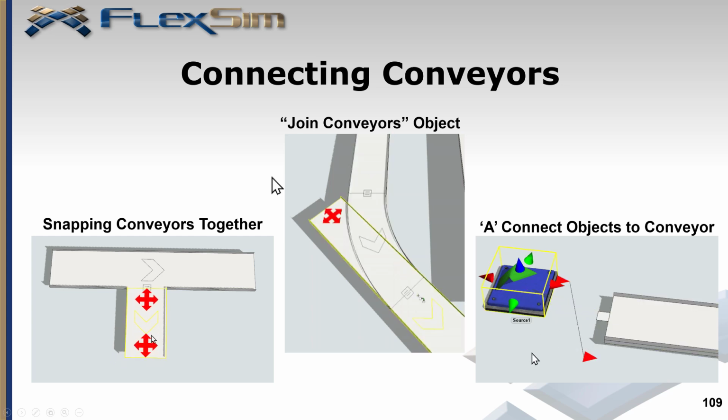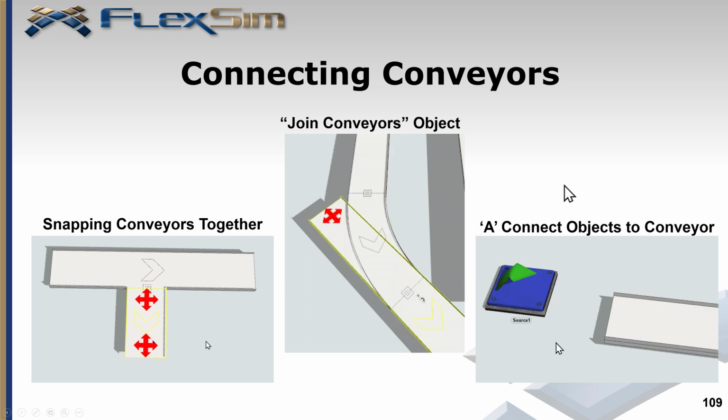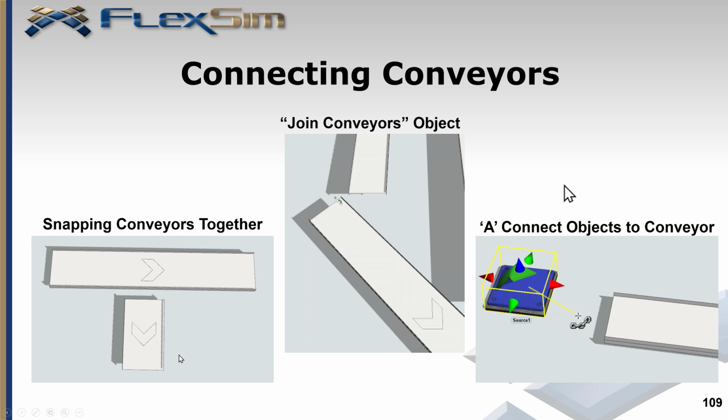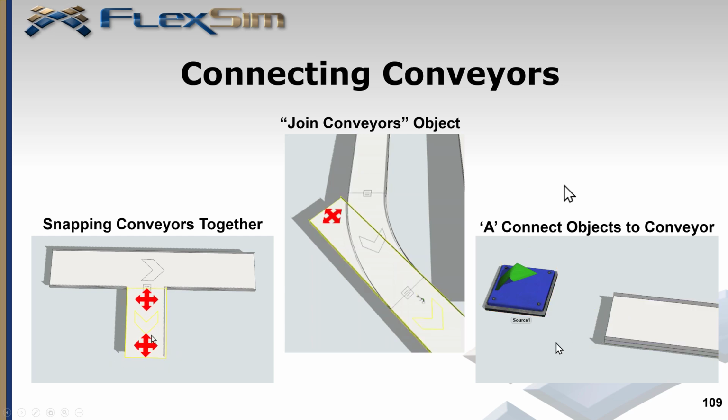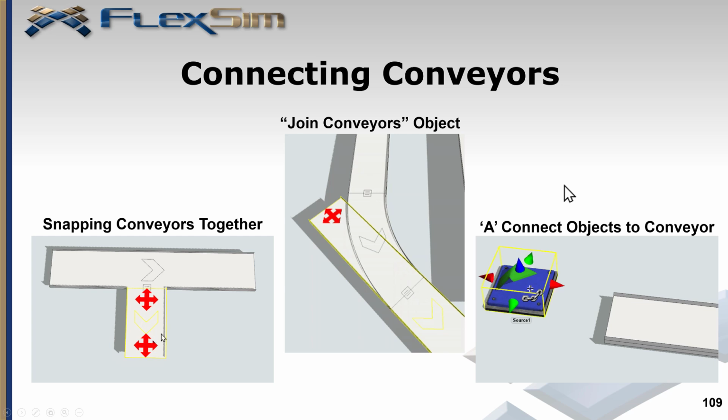The primary way to connect conveyor objects to other objects, as depicted in the animation on the right, is to simply create a port connection. However, unlike connecting normal FlexSim objects to each other, when you make a standard port connection, an A connect, in other words, to or from a conveyor and another FlexSim object, it will create an entry transfer or an exit transfer, which is an in-between object that's associated with a specific point or range on the conveyor.